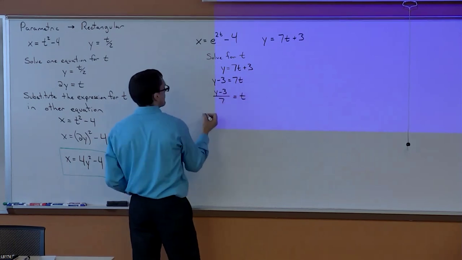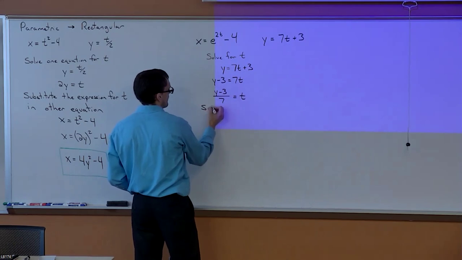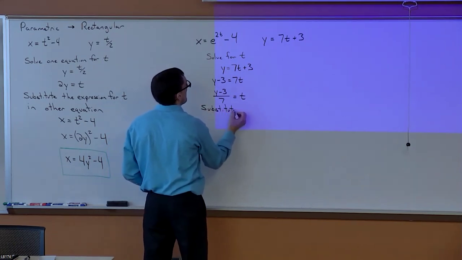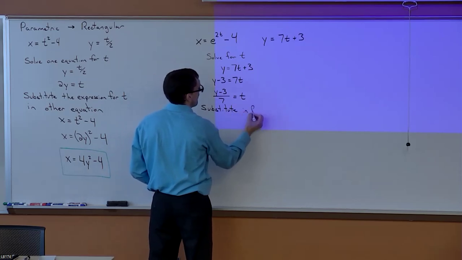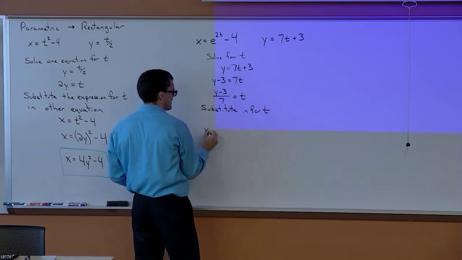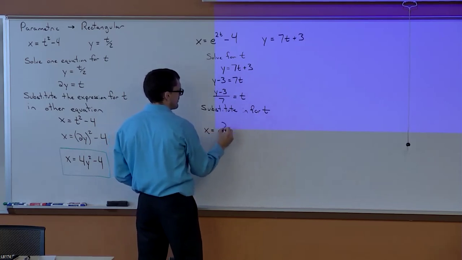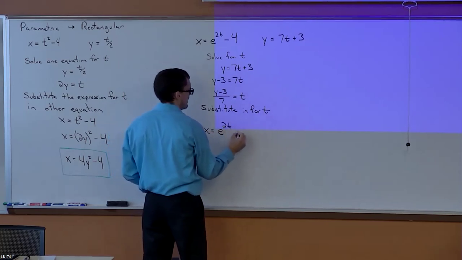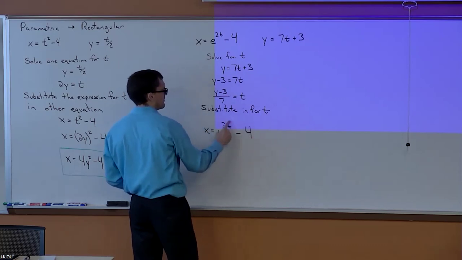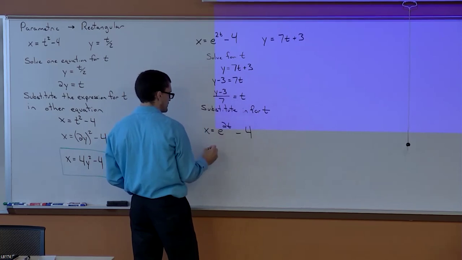And then substitute that into the other equation. So we have x equals e to the 2t and then minus 4. So in for this t, you put that entire expression.